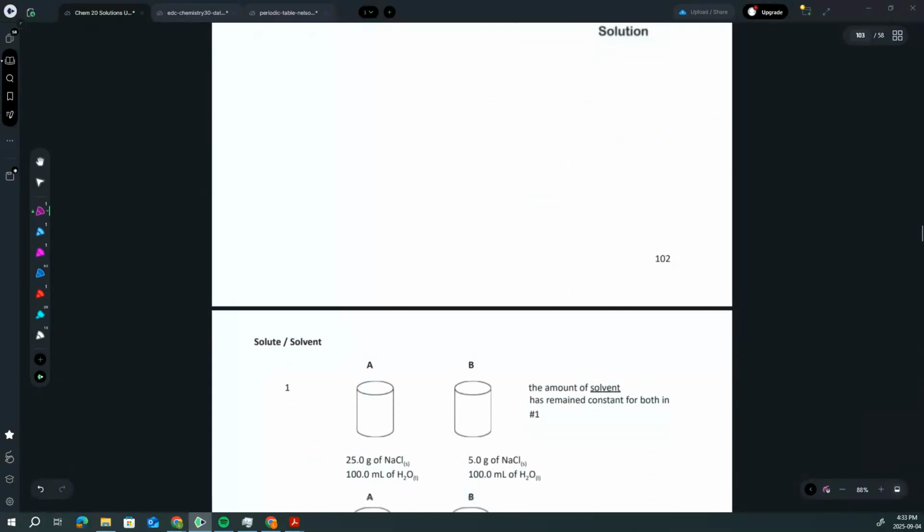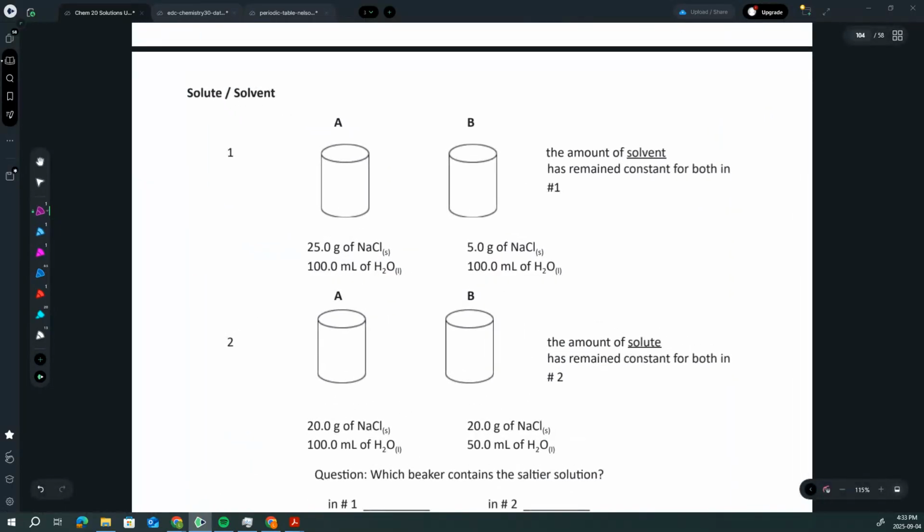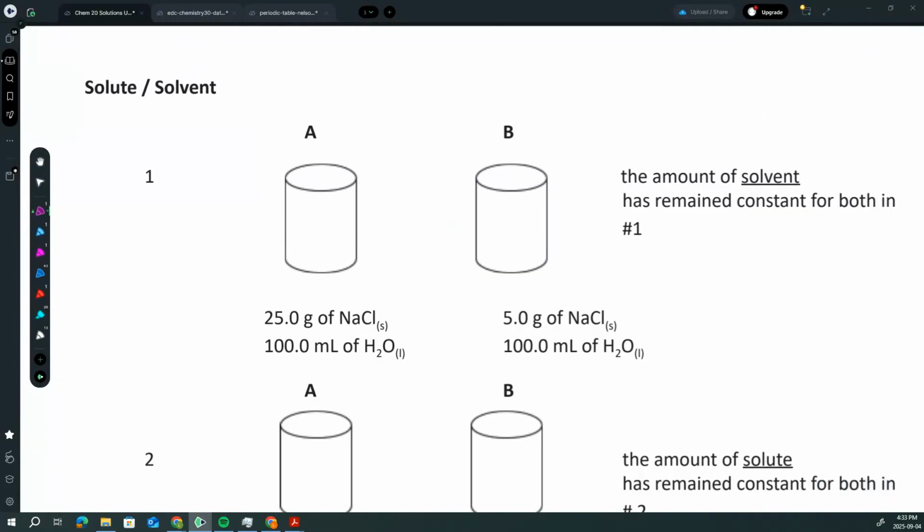Okay. So what we're going to be talking about on this next page is just distinguishing between dilute and concentrated solutions. If we look at the two solutions we're given, both have the same volume of 100 milliliters of water. However, the difference comes in what we have for a solute.